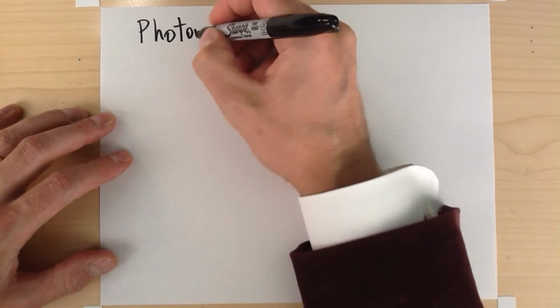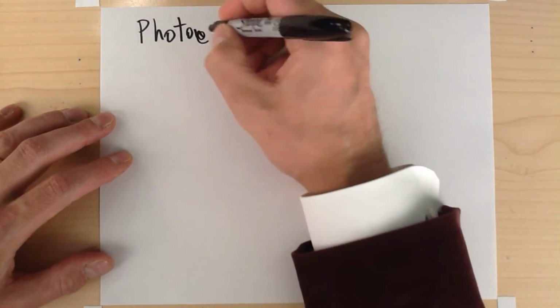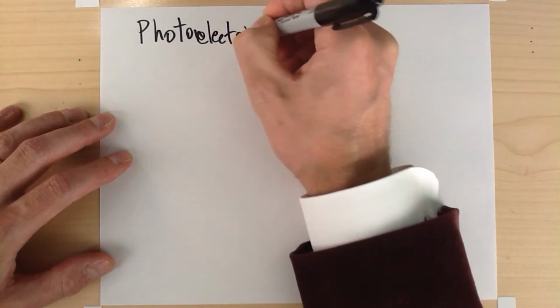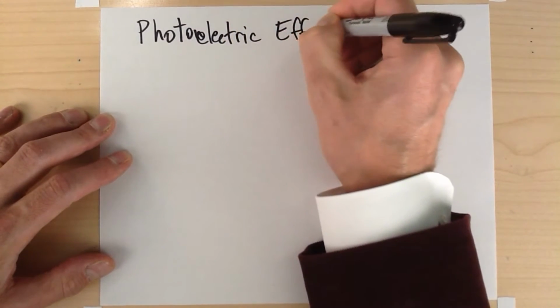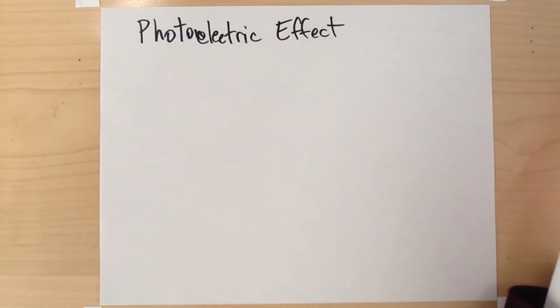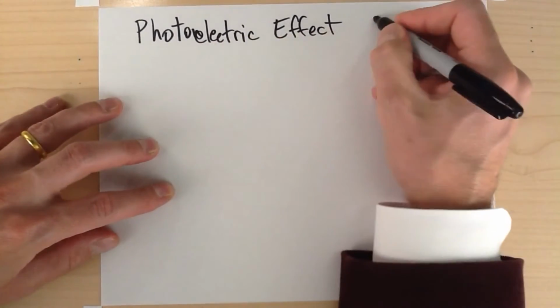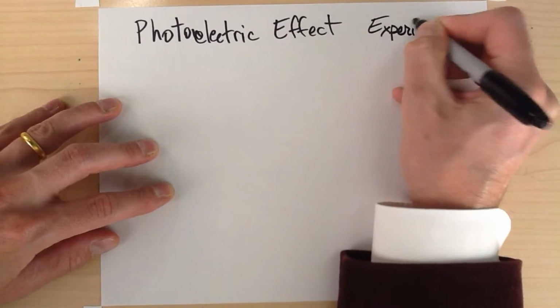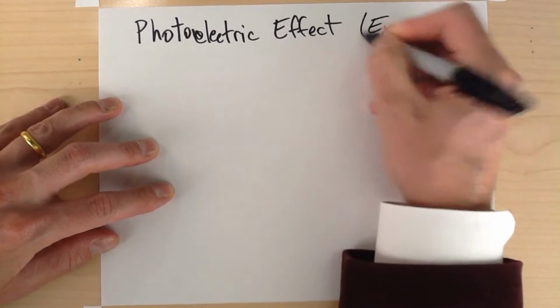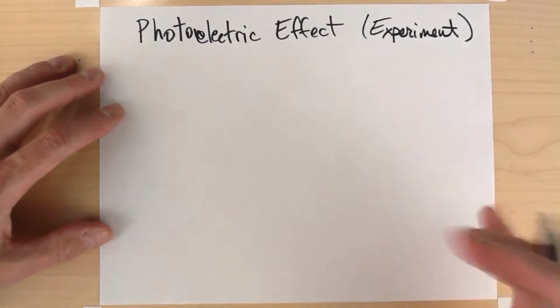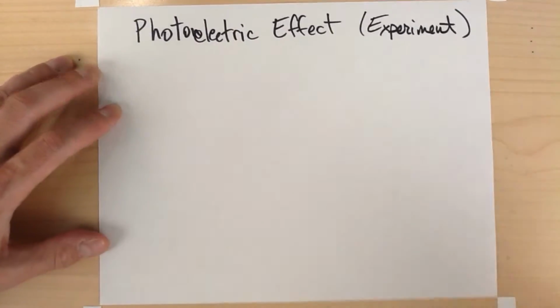All right, so this is the photoelectric effect. Okay, so here's the experiment. And I'd like you to be able to explain this to someone else as well. It's pretty simple.